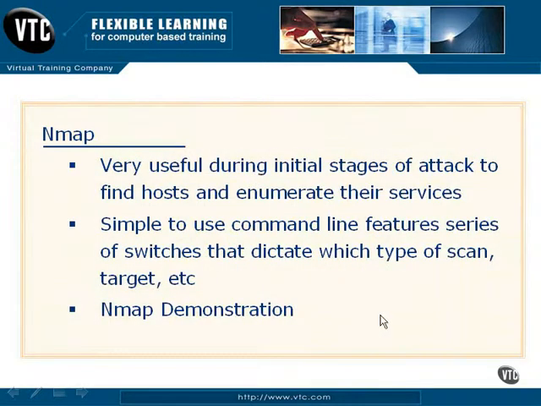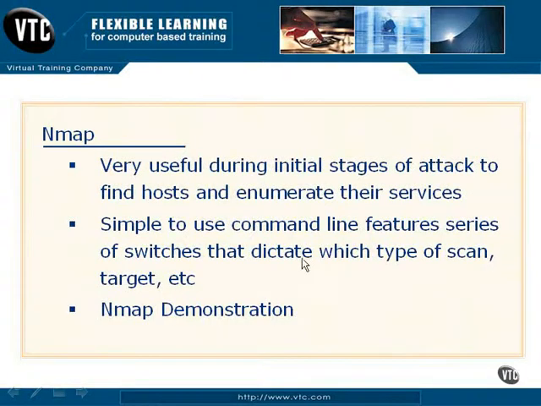It's extremely useful throughout the process, but it really shines during the early stages of the attack mechanism. We're going to scan the network, find the systems that are on the network, and then use it to enumerate host information and services and fingerprint those operating systems and applications.